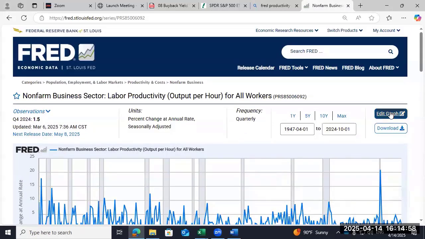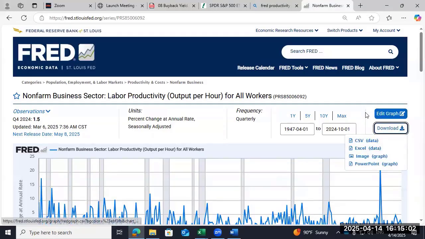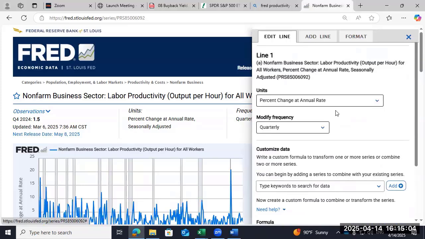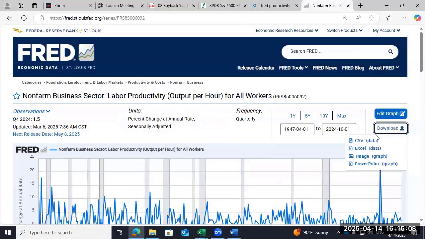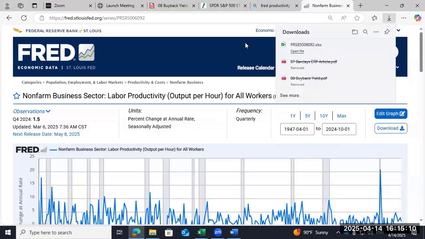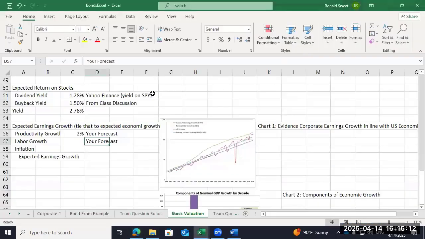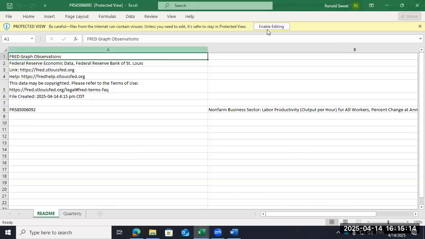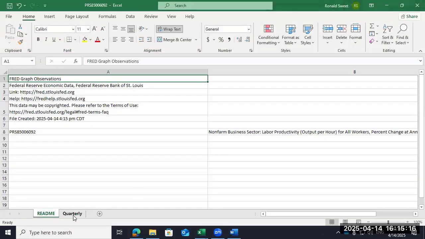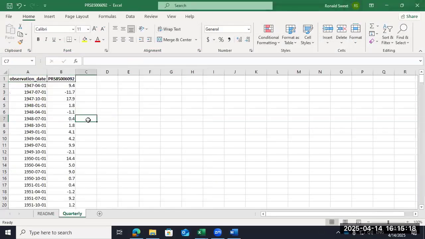One thing I like to do better than that, yeah, let me download it. It's kind of what I did in the graph. So it's too noisy when it's quarterly like that.